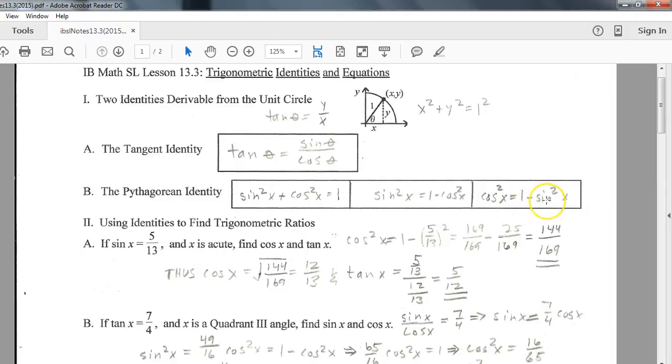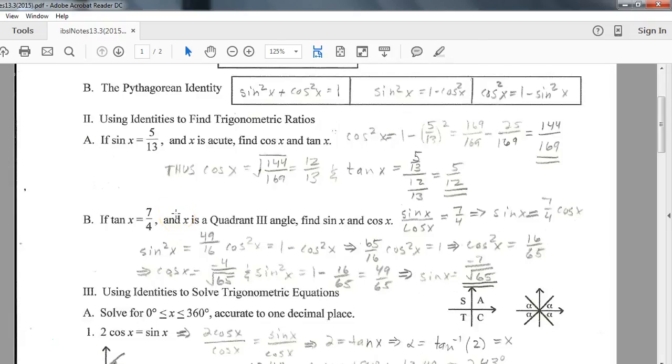So if I do 1 minus 5 over 13 squared, and then I square root both sides, we're going to get our answer for cosine. And so that's what you're seeing down here for the cosine result. And then tangent, we're just using the other identity, and we're going to do sine over cosine. So we're going to do the sine of x here, so 5/13 divided by 12/13, and that's just going to give you the 5/12.